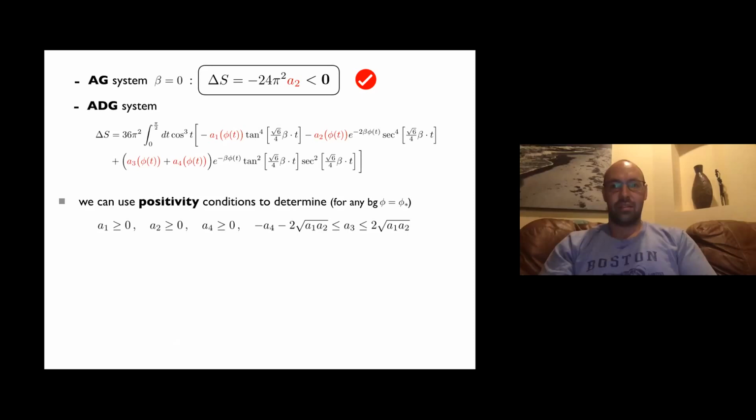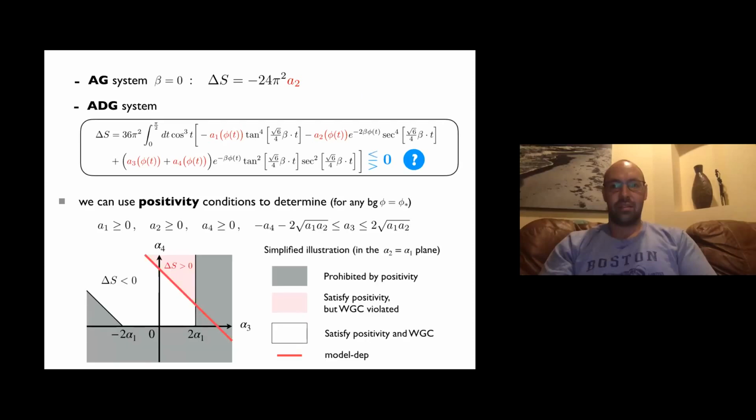But in the more complicated setup, when a dilaton is dynamical and massless, you cannot tell whether the delta S is negative, positive, or zero. It can be anything basically, because here, if you check, you can have a really big and positive A4, which is consistent with the positivity condition.